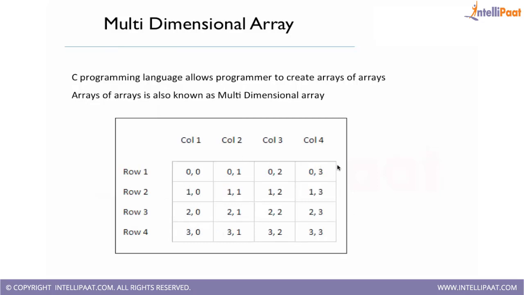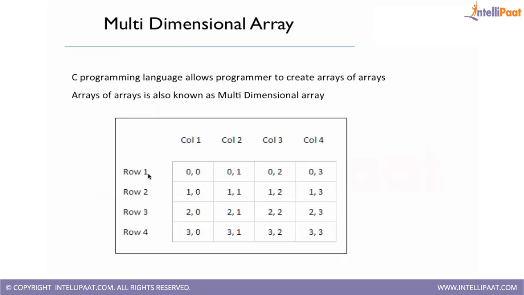So in short, arrays of arrays lead to a multi-dimensional array. Okay, so if you want to access an element, you have to access it row and column wise, where the row comes first and the column comes second. So this element is the first element of the first array.